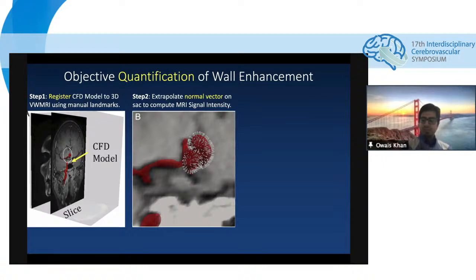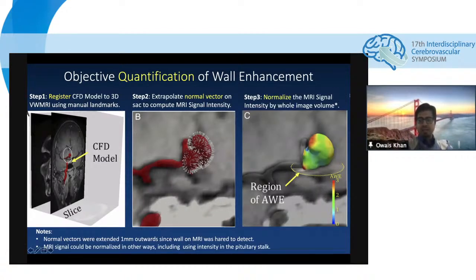So for this data set, I computed normal vectors oriented in the normal direction of the aneurysms, extended about 1 millimeter out. Then I computed the MRI signal intensity along all of those lines and averaged them together to project it back onto the CFD model.